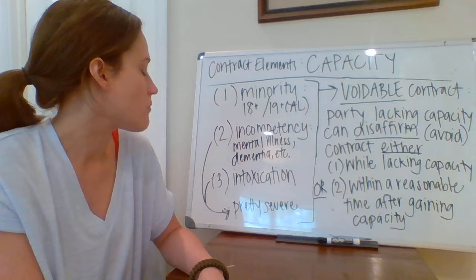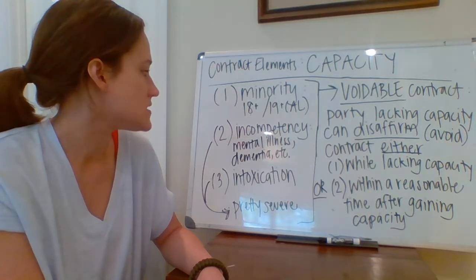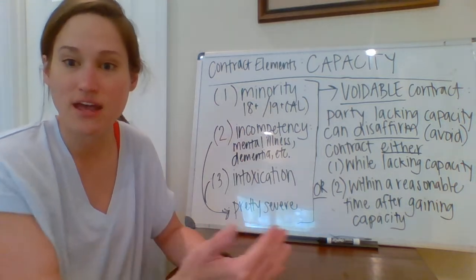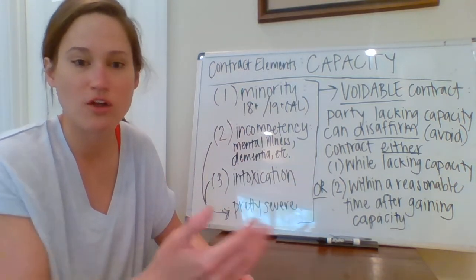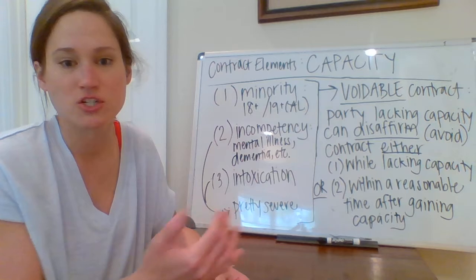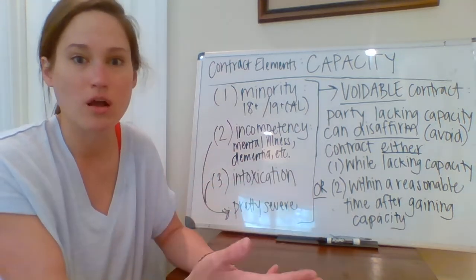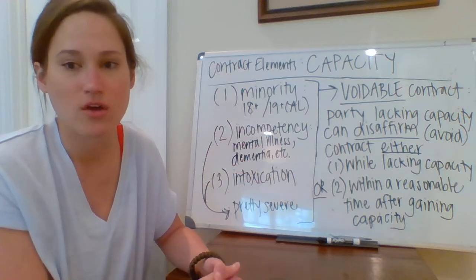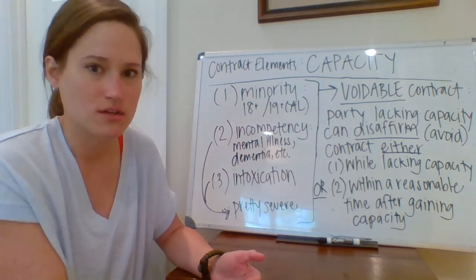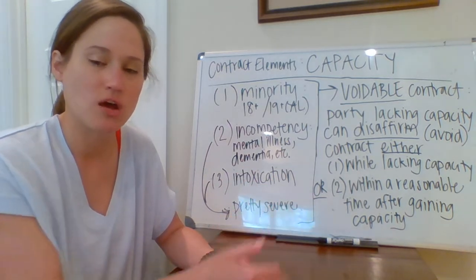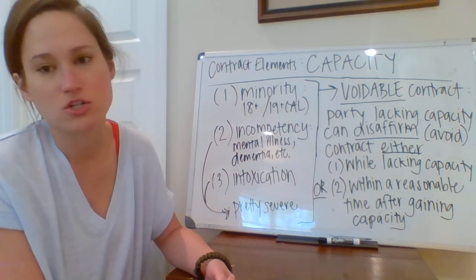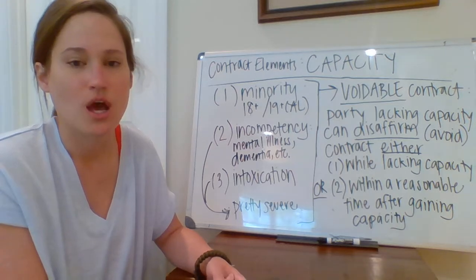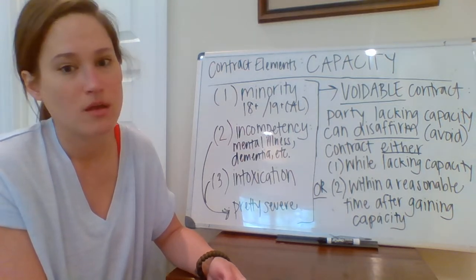If you're on the side of raising incompetence or intoxication as a defense, being sued for breach of contract and trying to establish, "look, I was so drunk that I lacked the capacity to enter into the contract," it's fairly difficult to do because it is a high showing. You really need to show that you didn't even understand the nature and consequences of what you were doing.